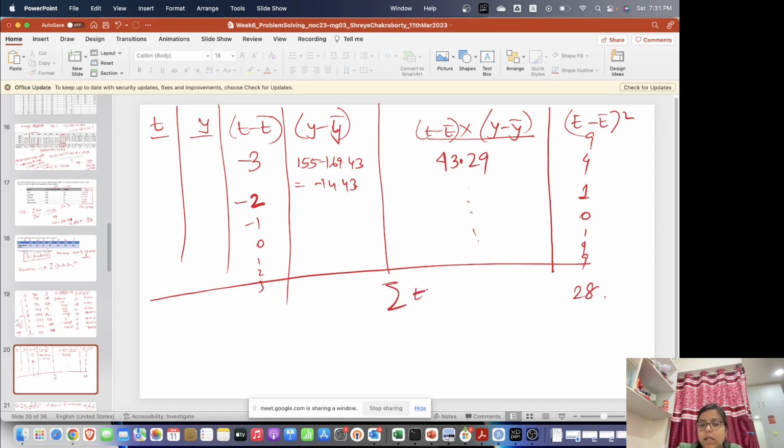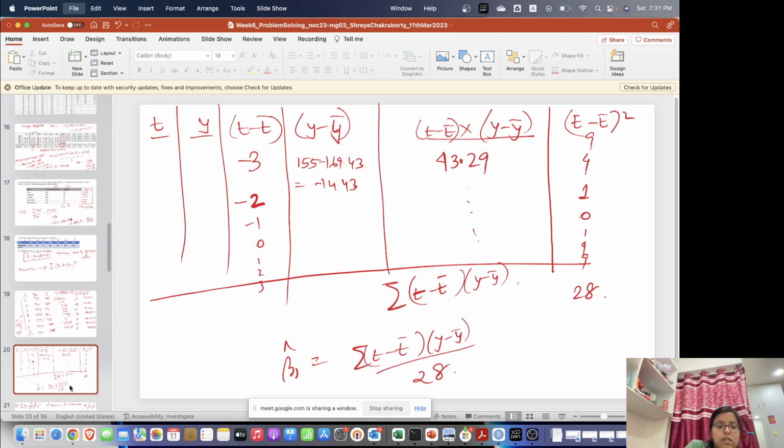And we would have the sum of t minus t bar into y minus y bar. And then finally beta 1 hat would be summation t minus t bar y minus y bar by 28. So the calculation is this.